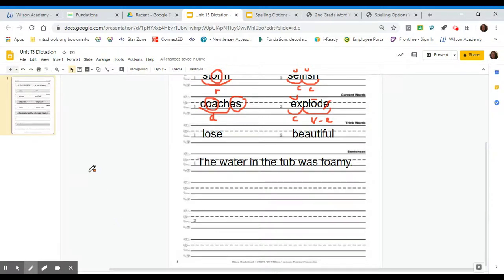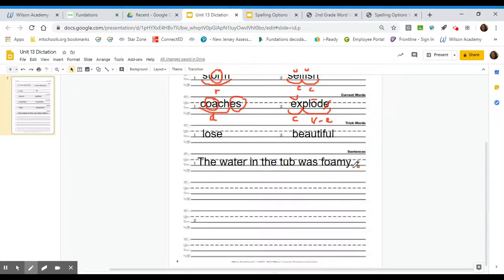We are going to check by proofreading. So we begin by making sure that we have all of the words. Let's check. The water in the tub was foamy. Now we will check the beginning and the end. Do you have a capital letter at the beginning?